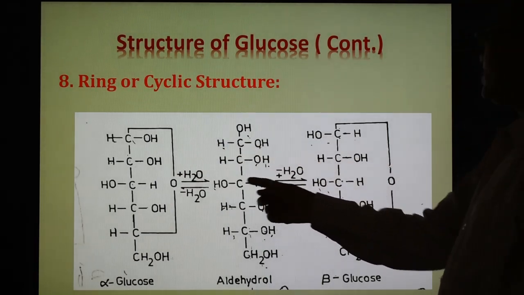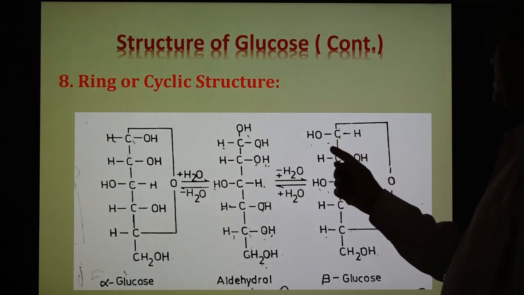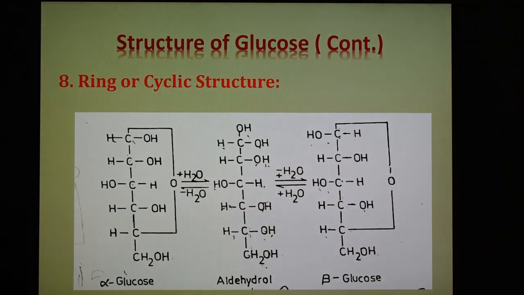So alpha glucose and beta glucose are 2 isomers, and they are interconvertible: alpha is converted to beta, and beta can be converted back into alpha. These are the ring or cyclic structures. By using all these steps we can suggest the open structure and also the ring structure for glucose.